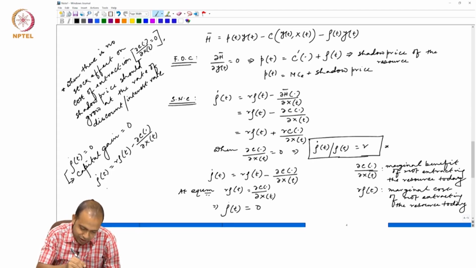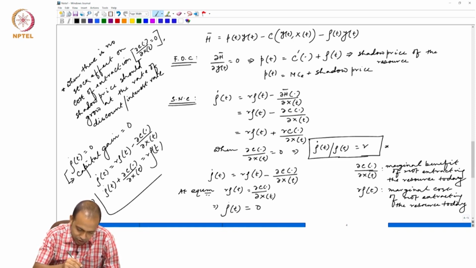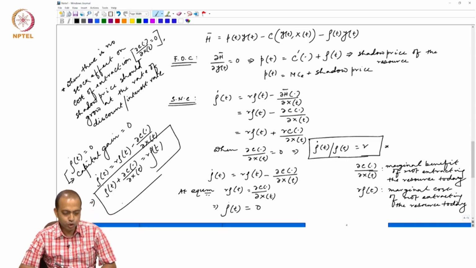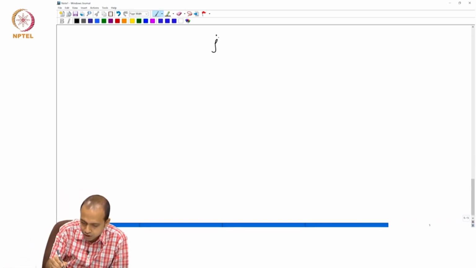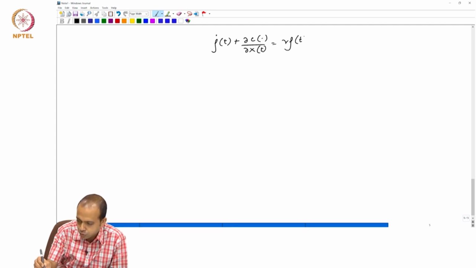From here I can write: rho dot t plus del c dot del x t equals r into rho t. Now, this condition, rho dot t plus del c dot del x t equals r into rho t.